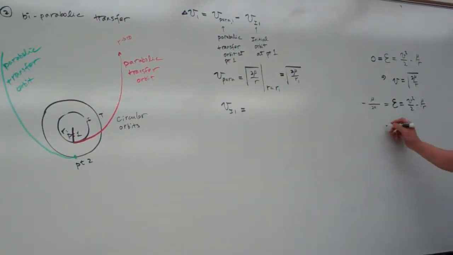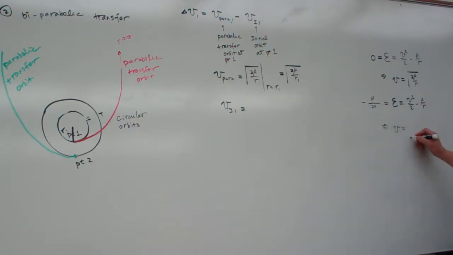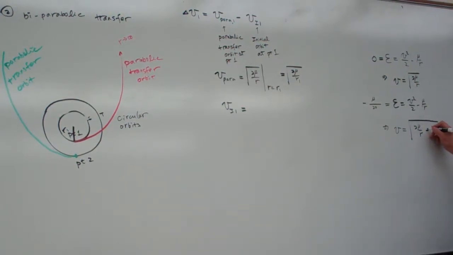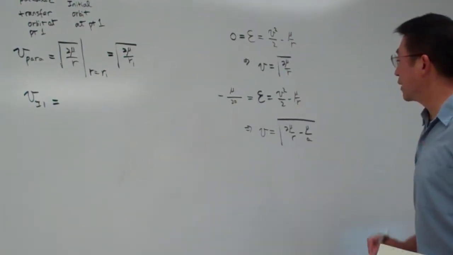So from here, the more general expression is V equal to the square root of 2 mu over R minus mu over a.